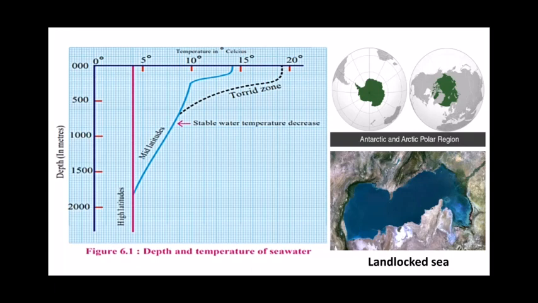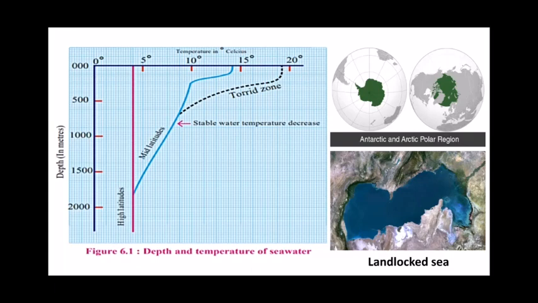The temperature of the seawater changes rapidly with depth at the equatorial areas. So if you see that torrid zone, it is continuously changing rapidly with the depth. The difference in temperature is lesser in polar areas.